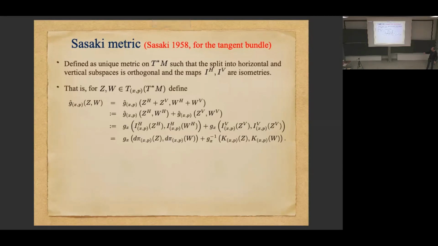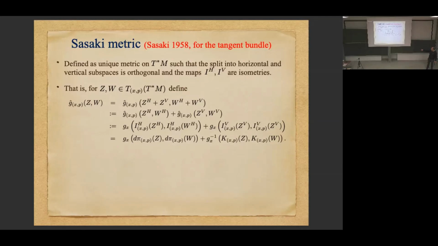So in other words, let's call this metric G hat. So G hat evaluated at Z and W, you can decompose this in horizontal and vertical, but we require that the vertical and the horizontal components are orthogonal. So that should be the same as this one.